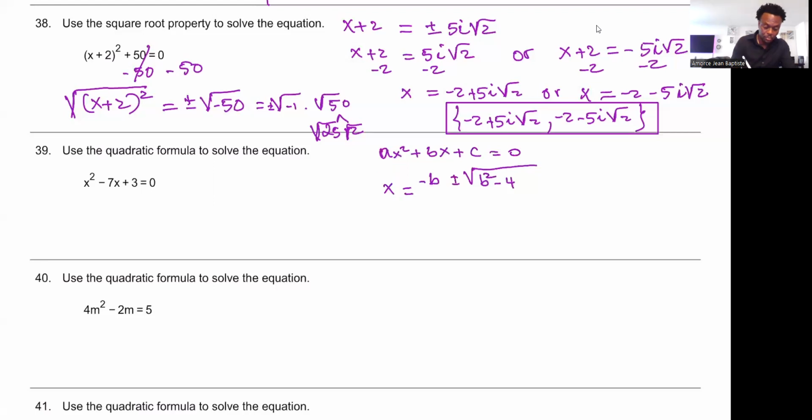And if it's nothing, that means it's 1. And c is the constant term.